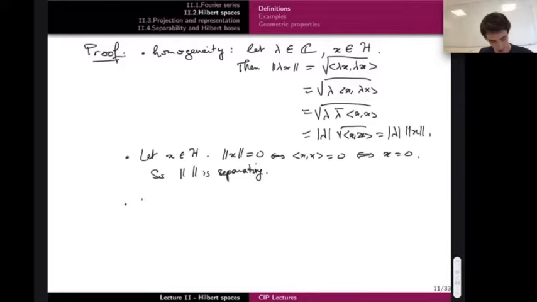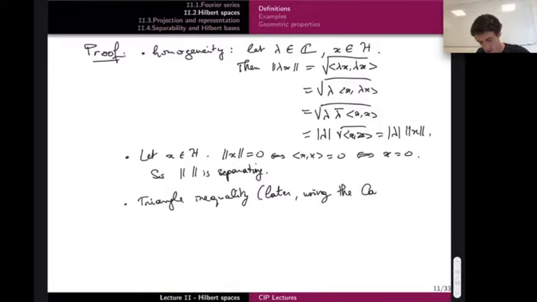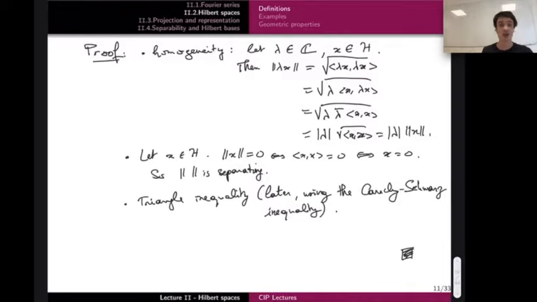And the third point is the triangle inequality, and I will not prove it now. Okay, so later, using the Cauchy-Schwarz inequality. Okay, so we have a norm, which is given by the scalar product, by the inner product.